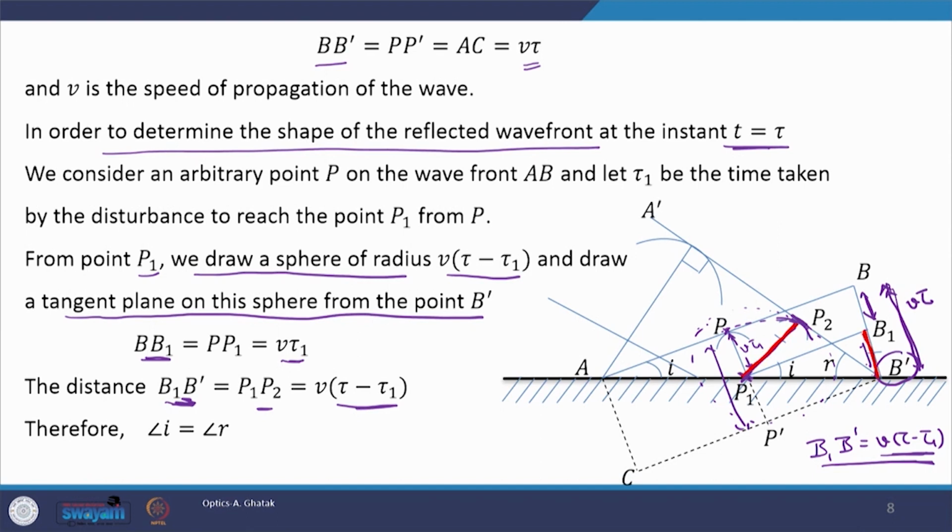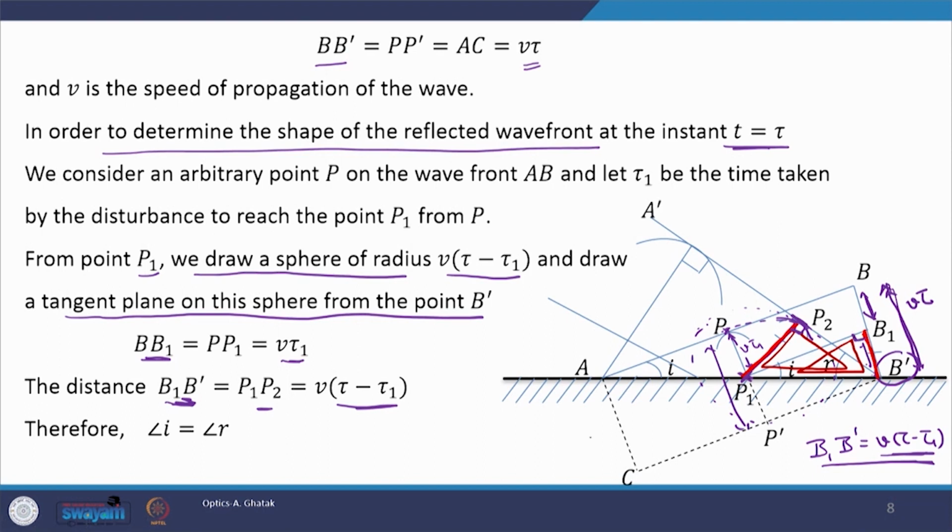Now, let us consider two triangles here. This is the first triangle, and this is our second triangle. In these two triangles, this is a 90-degree angle. These are right angle triangles. These are the 90-degree angles.